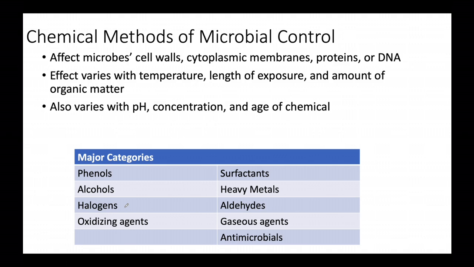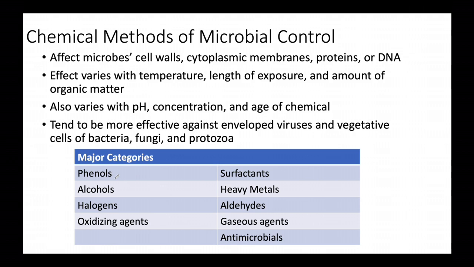Do you know the different categories of chemicals? For each category, do you know what it's going to target at a cellular level? Does it target the cell membrane, or the proteins, or the DNA, etc.? And then some of the more common examples of each. That's what we're going to highlight as we move through this. So the first group are called phenols.